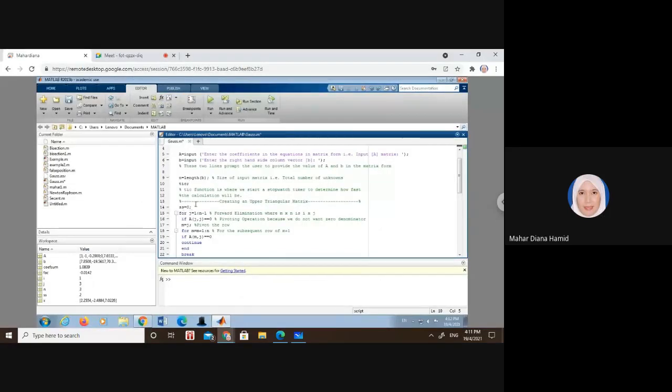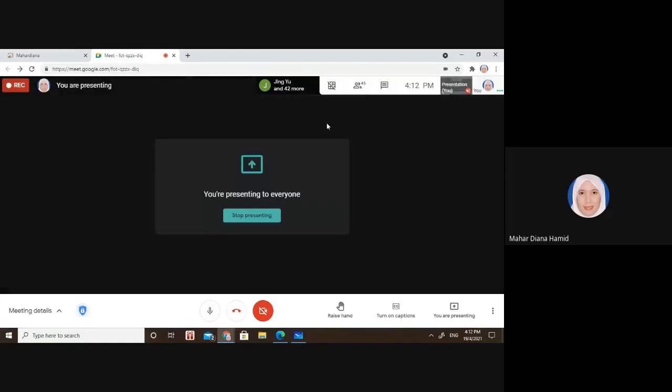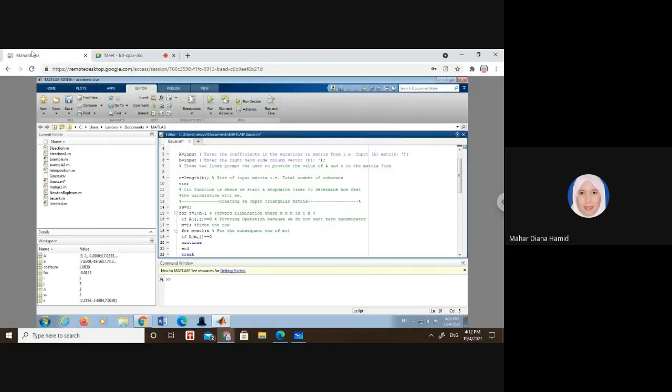So the next process would be creating an upper triangular matrix. So line number 14, SS equals to 0, actually corresponds to the state space model.